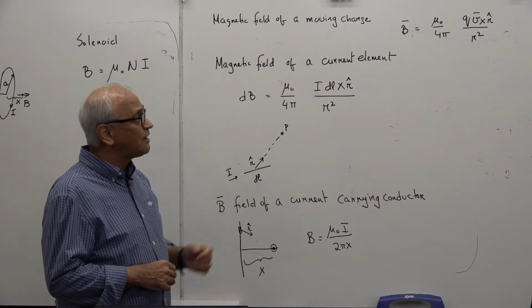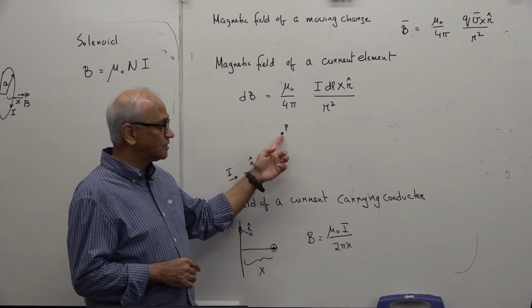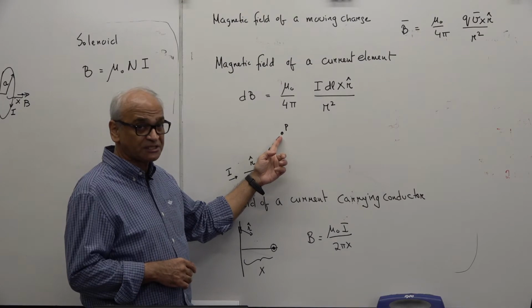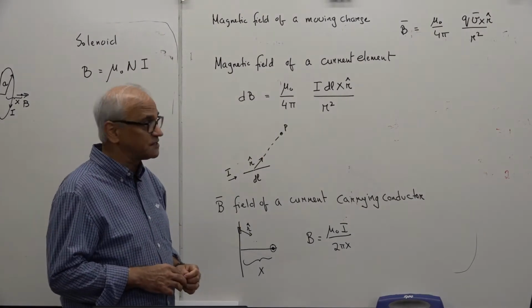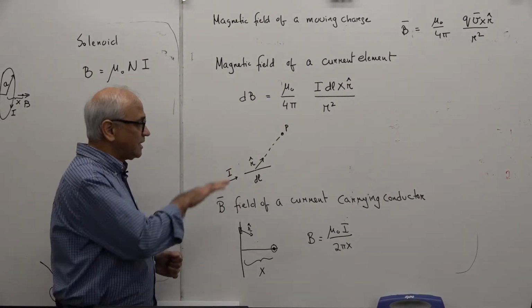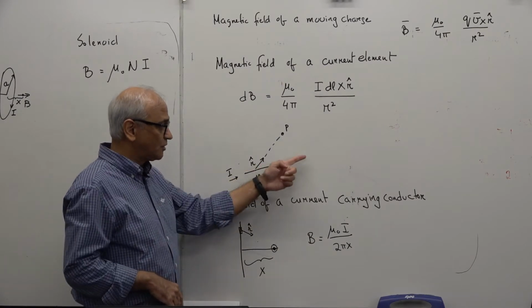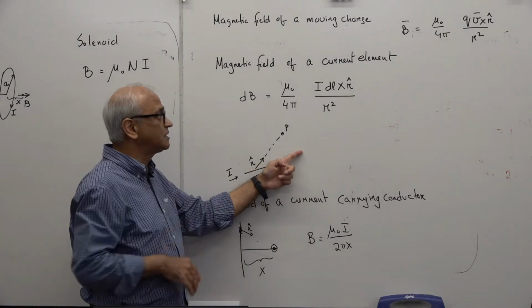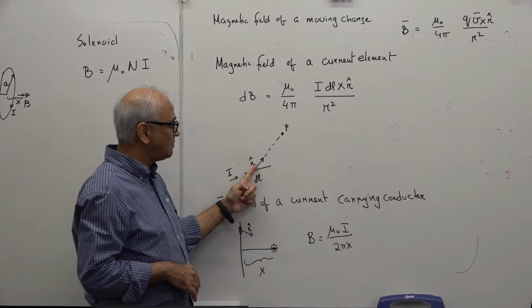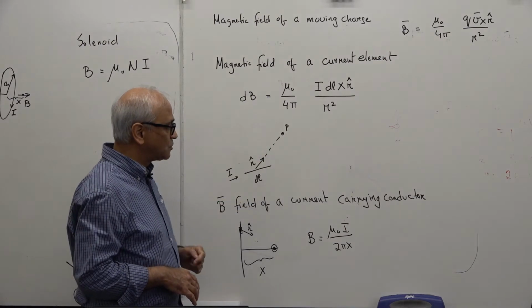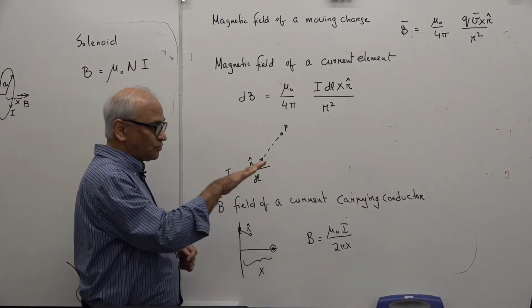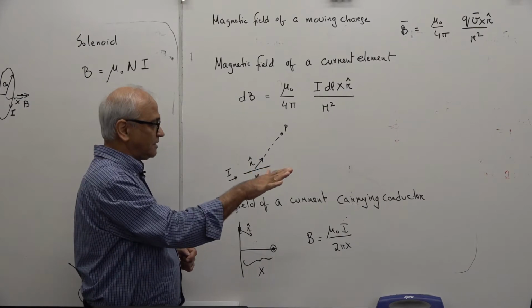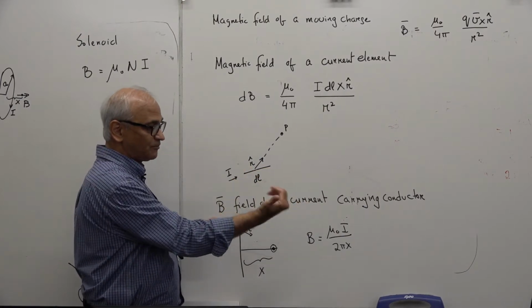Now, you have to use the right-hand rule to figure out the magnetic field direction. That's why that cross product is like that. For example, if the velocity is towards one direction and your r cap is in another direction, remember that you take your velocity and move it towards r cap.